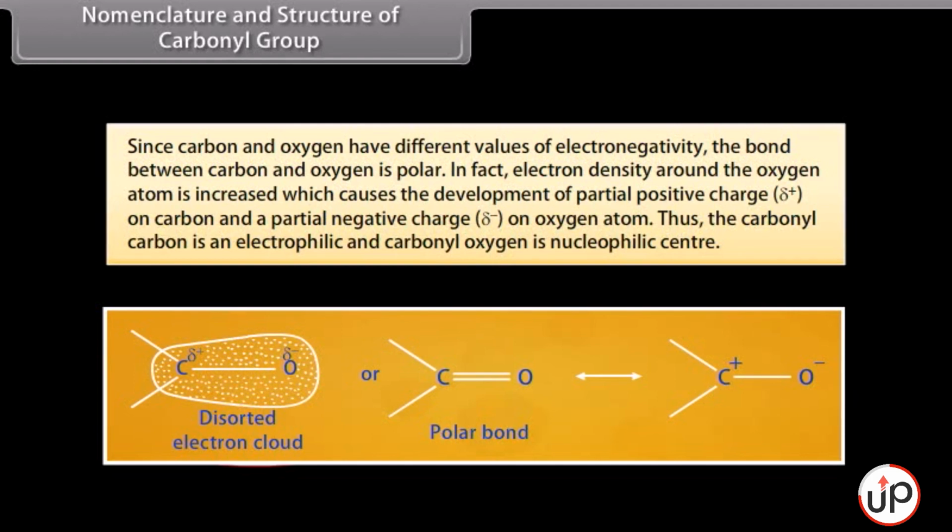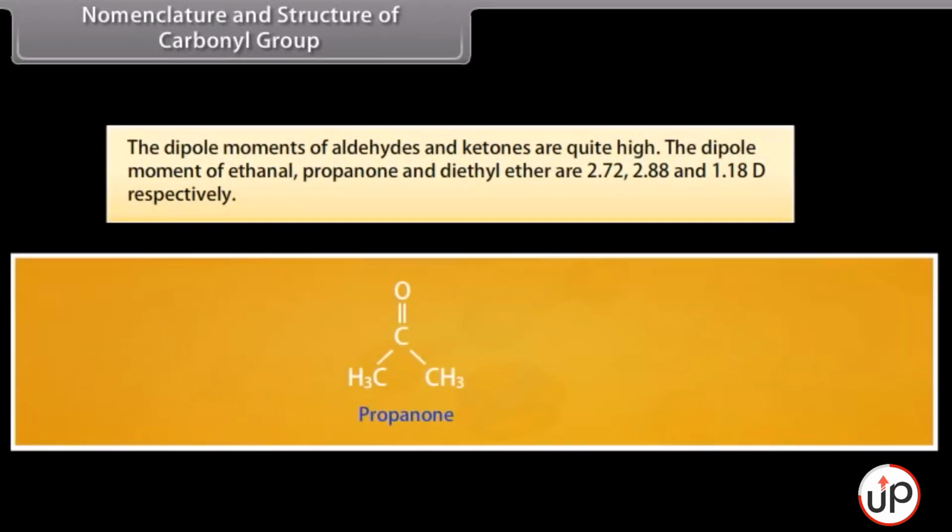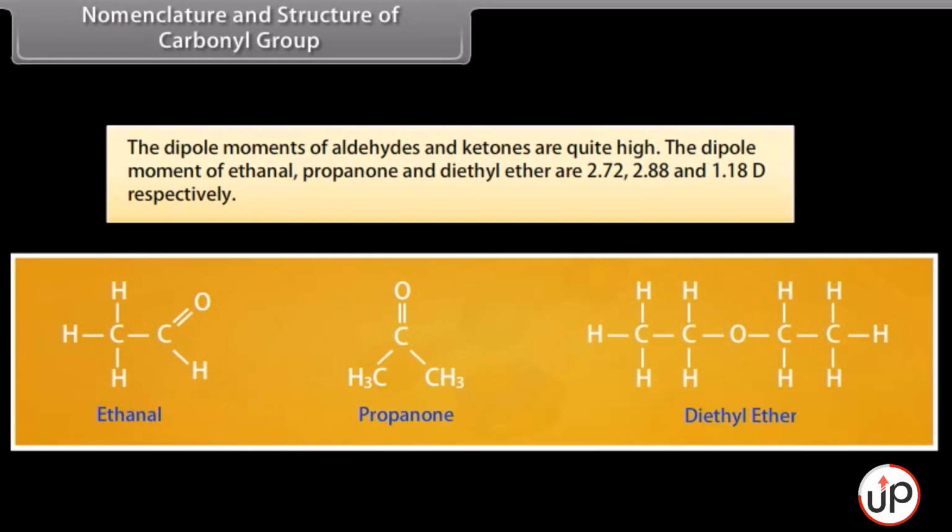Thus, the carbonyl carbon is an electrophilic and carbonyl oxygen is a nucleophilic center. The dipole moments of aldehydes and ketones are quite high. The dipole moment of ethanal, propanone, and diethyl ether are 2.72, 2.88, and 1.18 debye respectively.